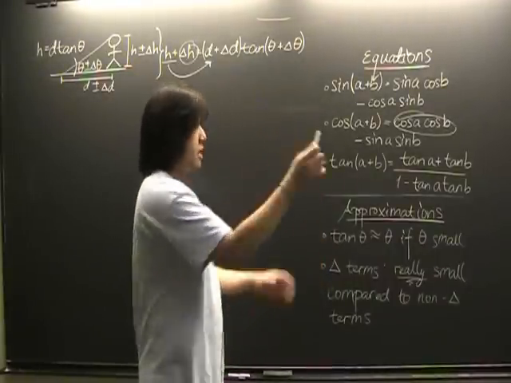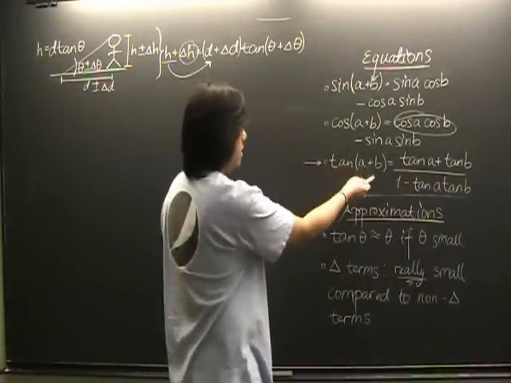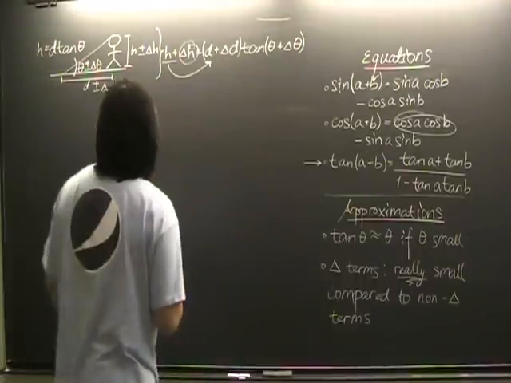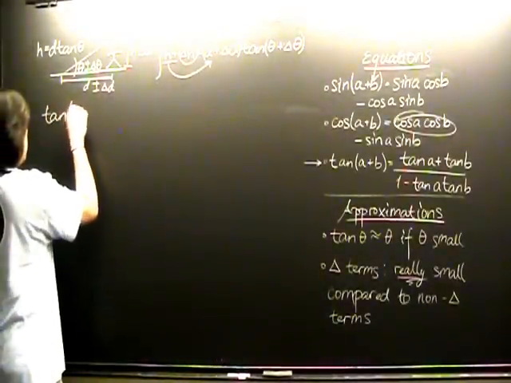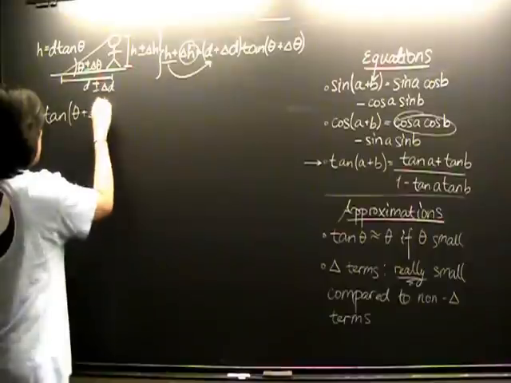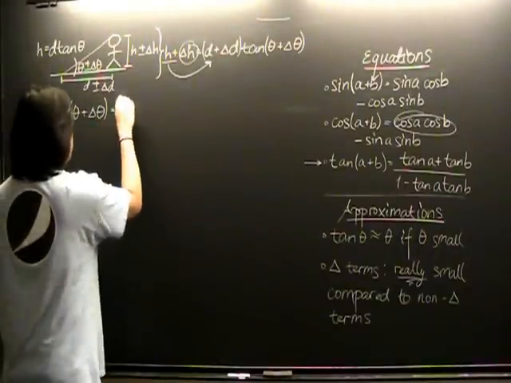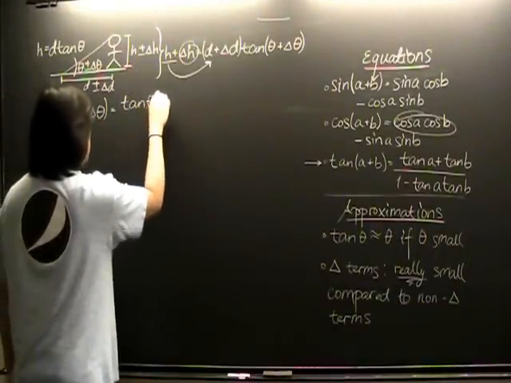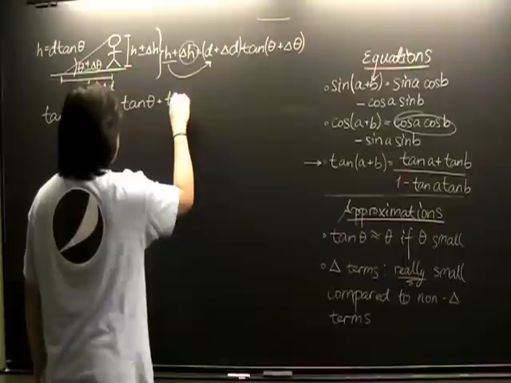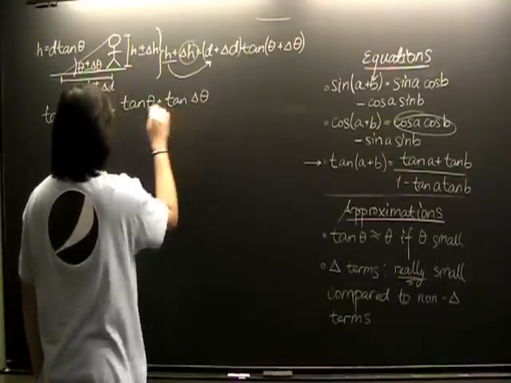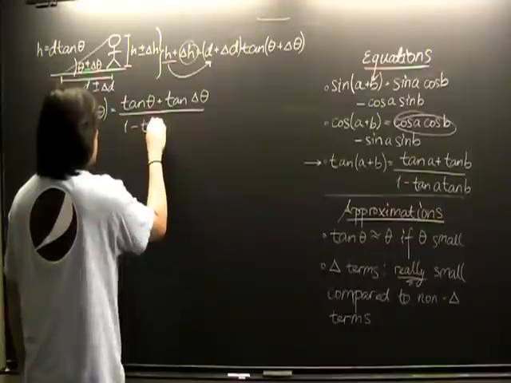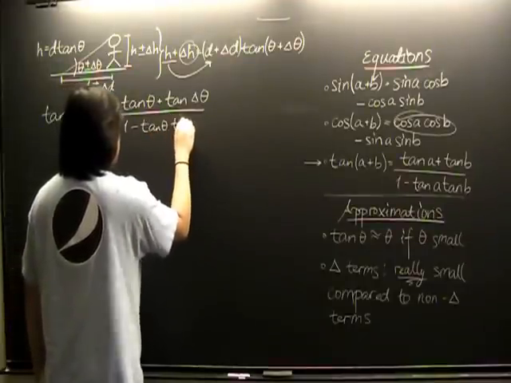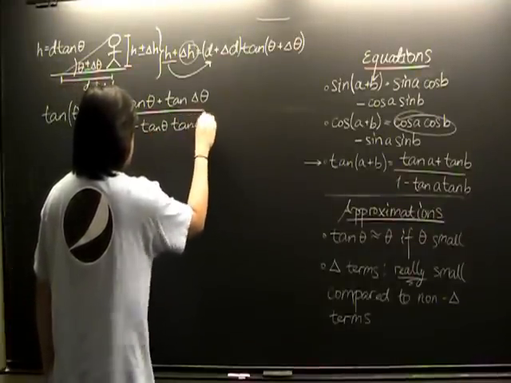If we substitute, where a is theta and b is delta theta, we say that the tangent of theta plus delta theta is equal to the tangent of just theta plus the tangent of just delta theta, over 1 minus the tangent of theta times the tangent of delta theta.